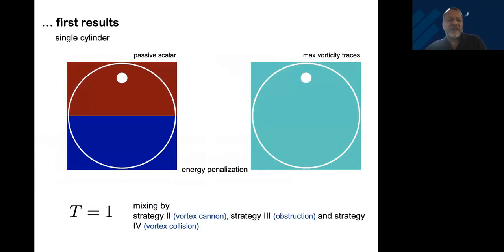We're going to start slowly. We actually only take one cylinder in the beginning, and we're going to penalize our energy. So we say we can only use a certain amount of energy. Time is equal to 1, so a very short mixing strategy. And then we throw the entire thing at the optimizer.